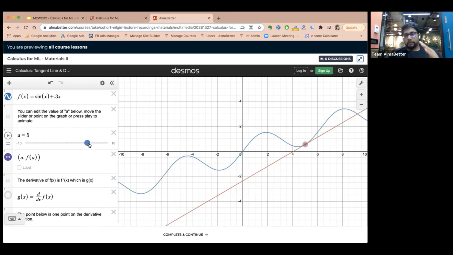when the line is making an acute angle with the x-axis, at those points the slope is positive, right? So in this case the slope is positive, right? But let's say in this case wherein it is making an obtuse angle with the x-axis, this tangent line, the slope is negative.